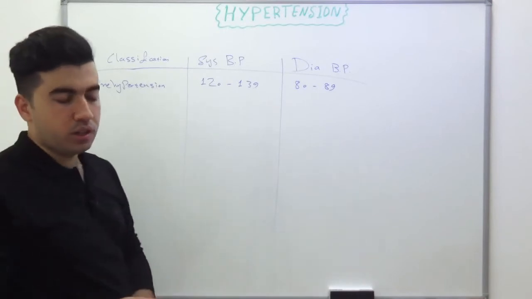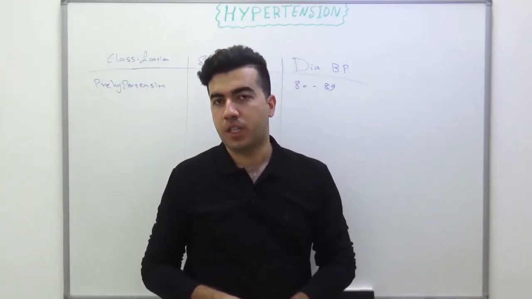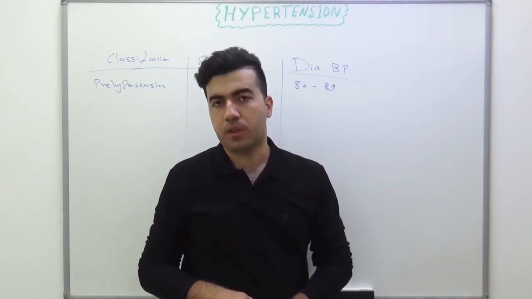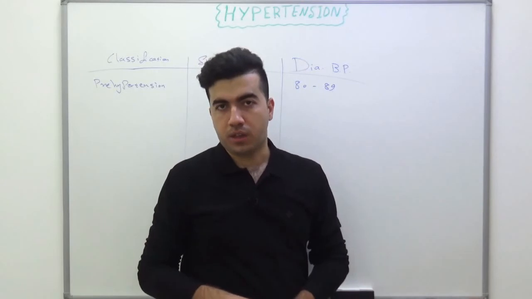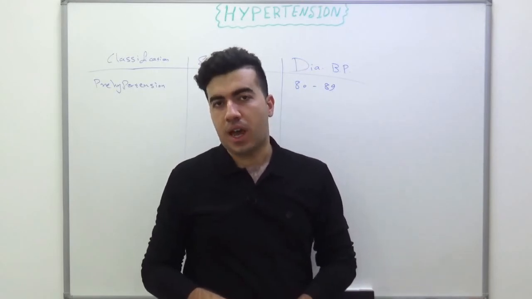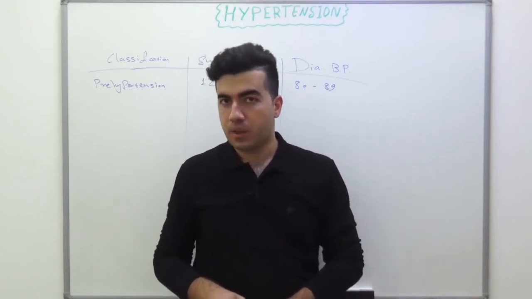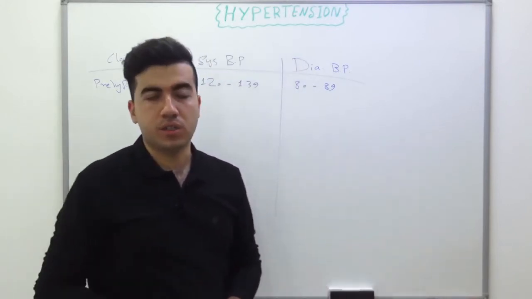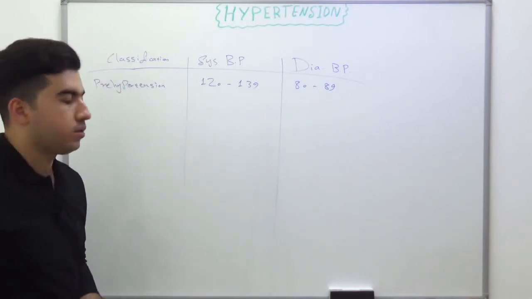These patients don't need drug therapy, but they need lifestyle management, for example, low sodium intake, physical activity, moderation in alcohol intake, and some other lifestyle modifications, at least to delay the progression into hypertension.